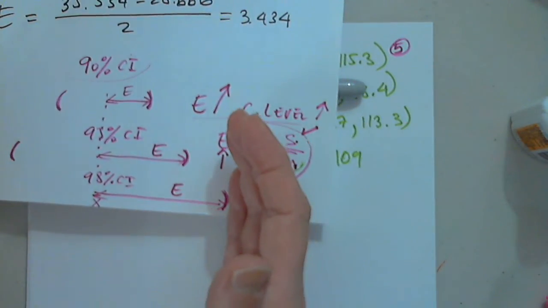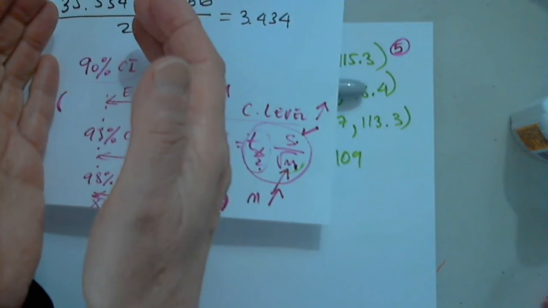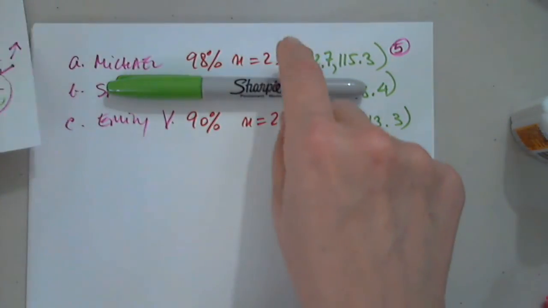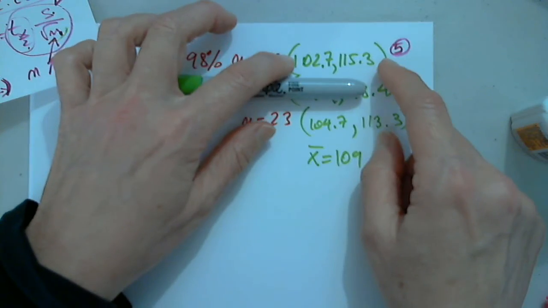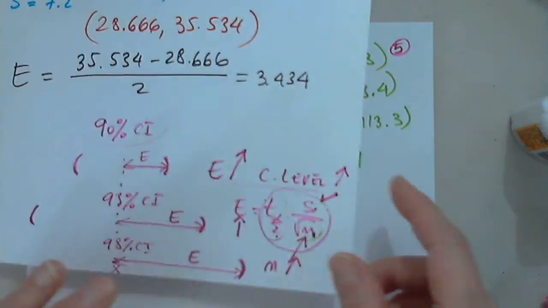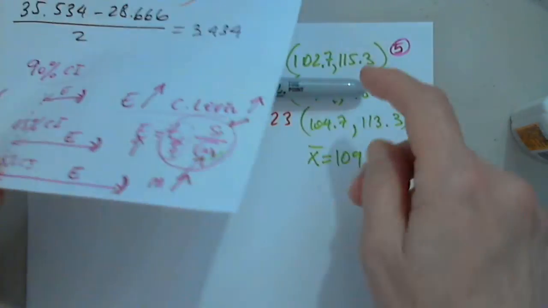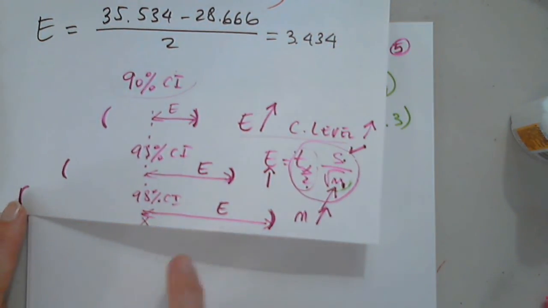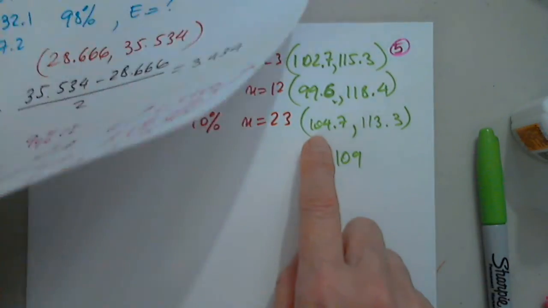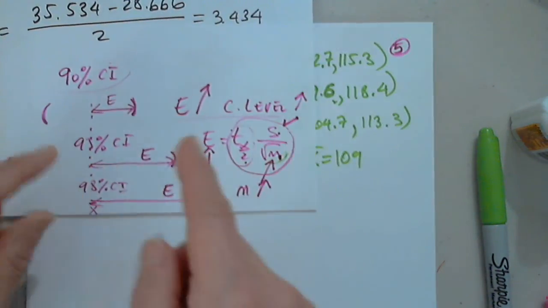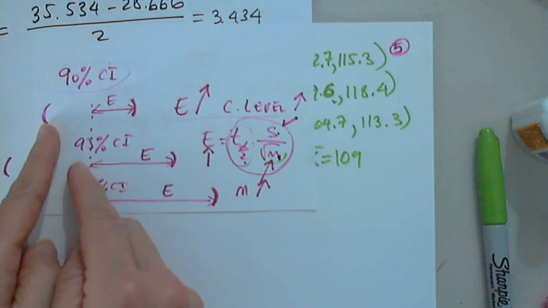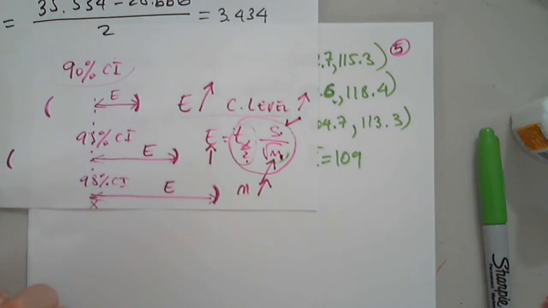So the 98% interval is this, and 90% is that. This always has to be larger. See? The 98 is from 102 to 115. The 90 is from 104 to 113. Narrower. So this is 104 and this is 102.